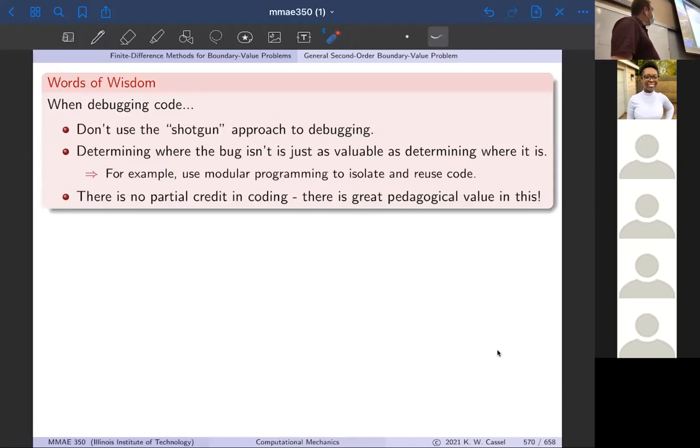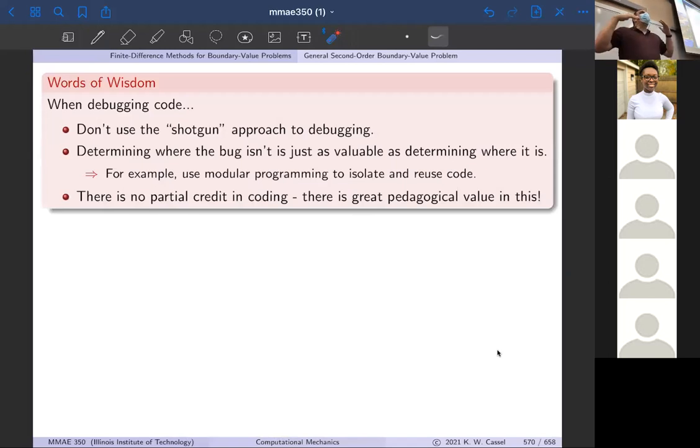The first one is what not to do. What I call the shotgun approach to debugging. A shotgun is one bullet comes out, but in a shotgun, you have a whole bunch of little metal pellets. So this is like when you're hunting with a shotgun, it's like, well, the deer is over there somewhere. You just aim in that general direction, and enough of the pellets spread out and hit that deer that it dies and there's dinner. Sorry.